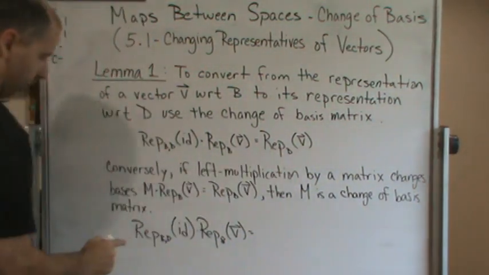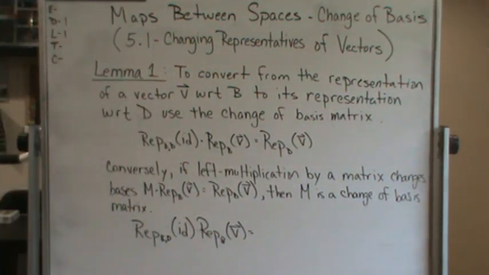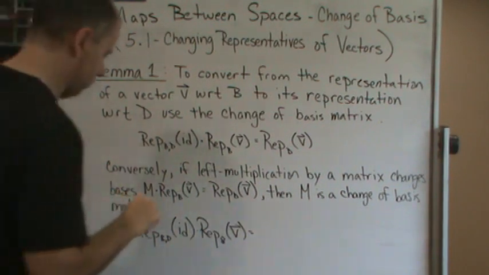To get to here, this is going to equal the representation with respect to B of the identity of v.